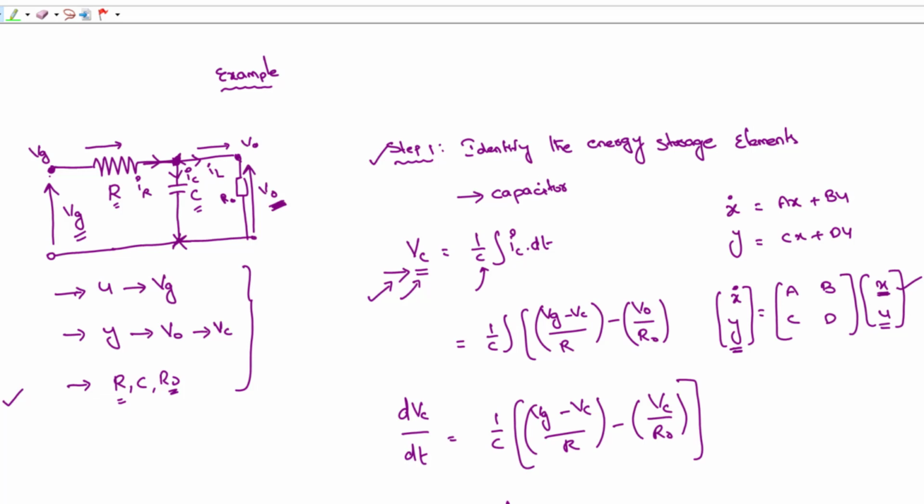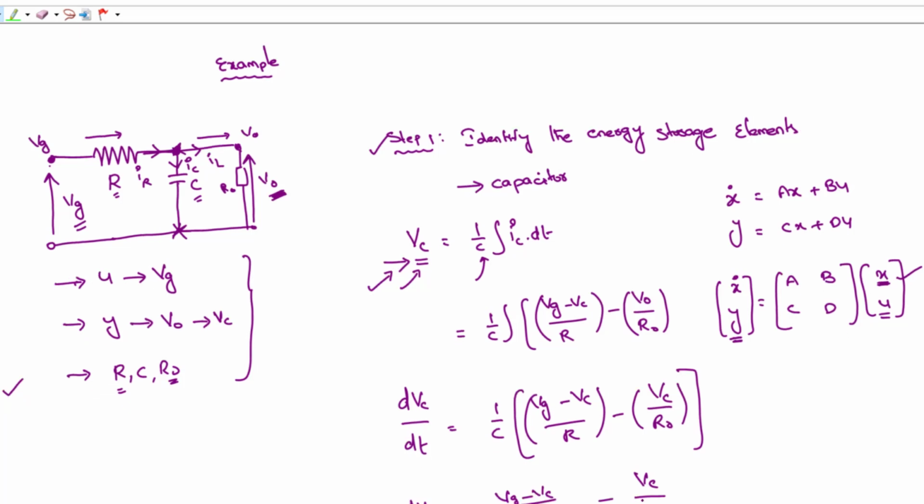So here the segregation will happen. dVc by dt is equal to, first of all, Vg minus Vc by R into C, minus Vc by R0 into C. Now you take the input and output separate. So Vg is the input, Vc is the output. Now Vc I am taking as parameter, 1 by RC minus 1 by R0 into C.